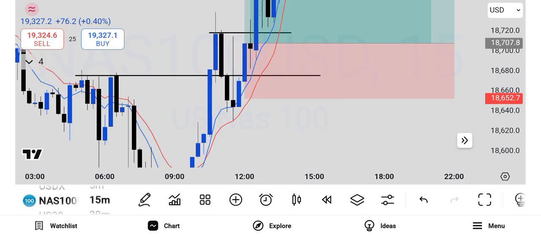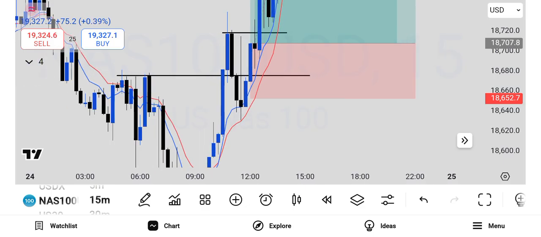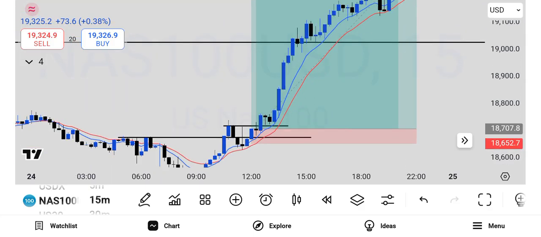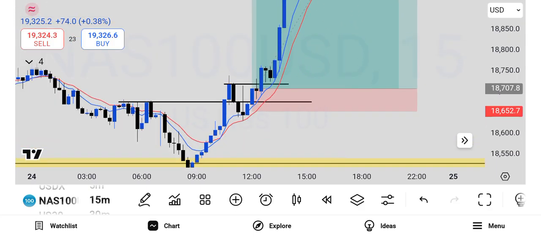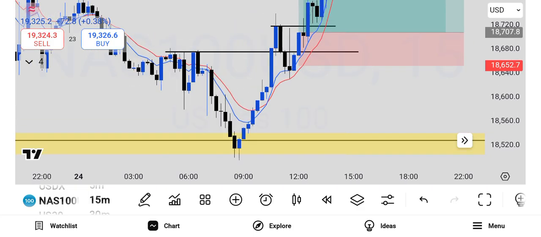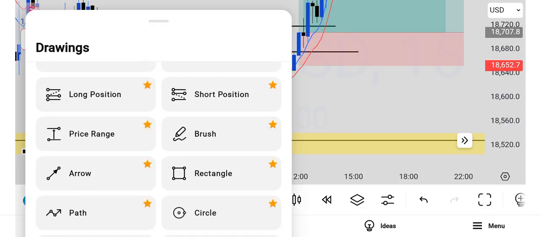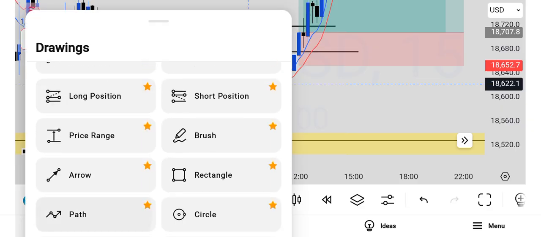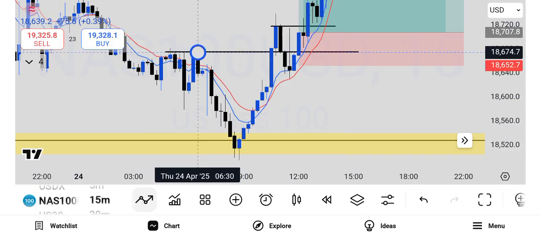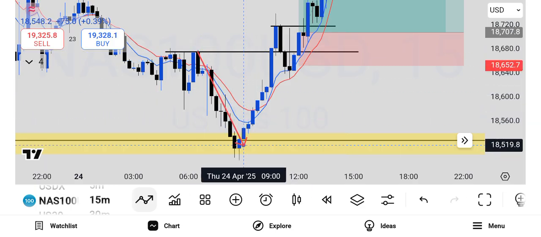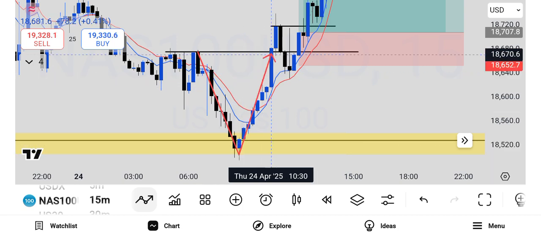You want to know why I was confident? I'm going to give you all my confluences. First confluence is price sold off and tested the support area, which it previously reversed at, and then price reversed.